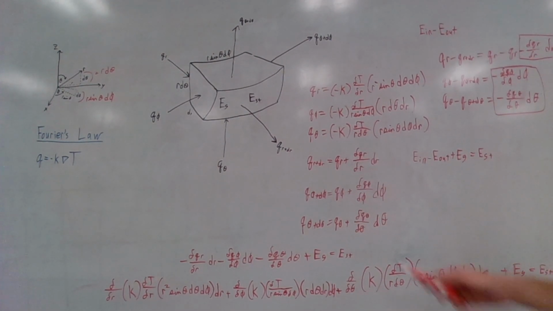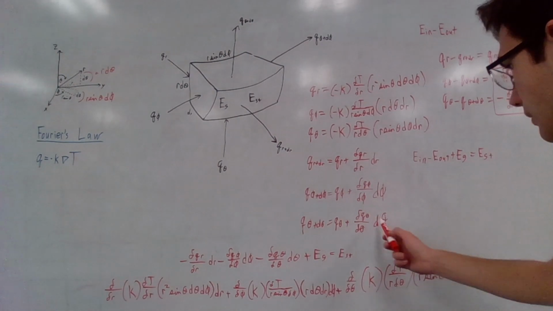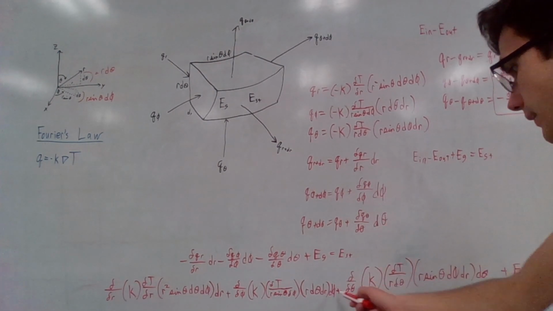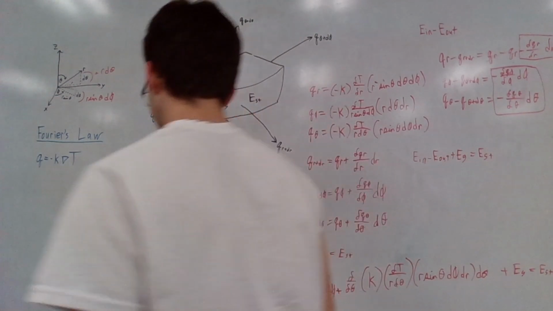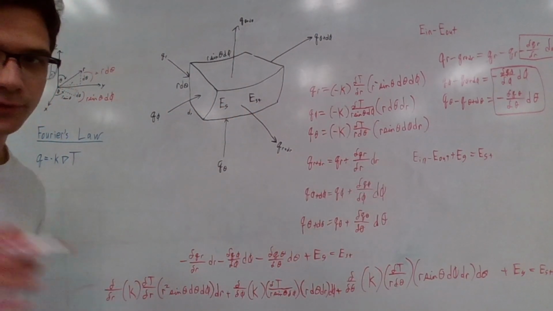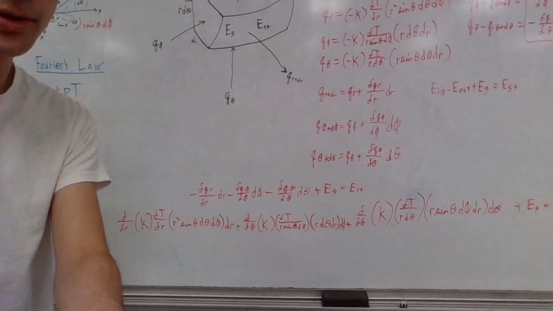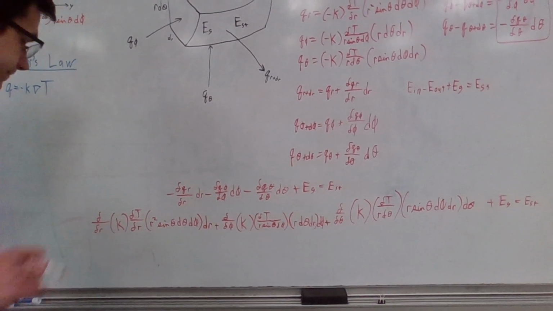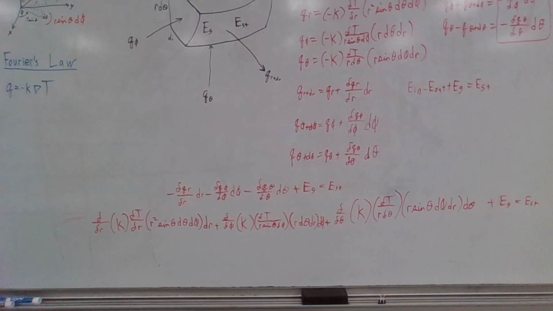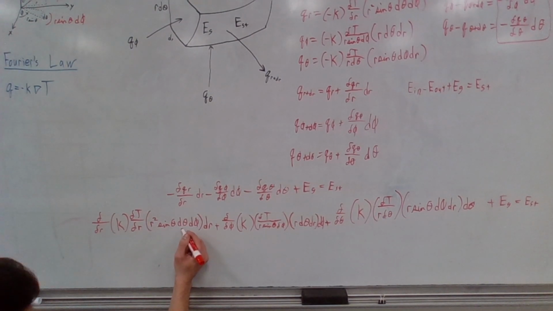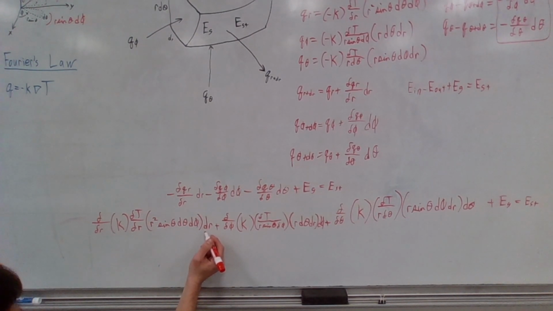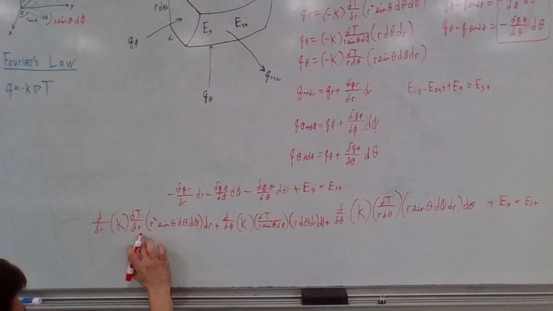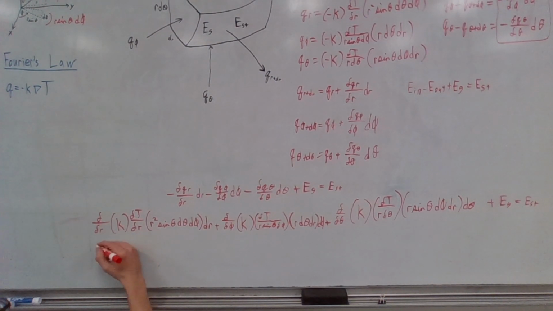Now what we're going to do, just checking here, d theta, d phi. So now we're going to start pulling out some stuff that will help us cancel terms. So first thing we're going to do, for example, for this, I see this sine theta, a d phi, and a dr. All that can be pulled out because it does not depend on r. So let's go ahead and do that.